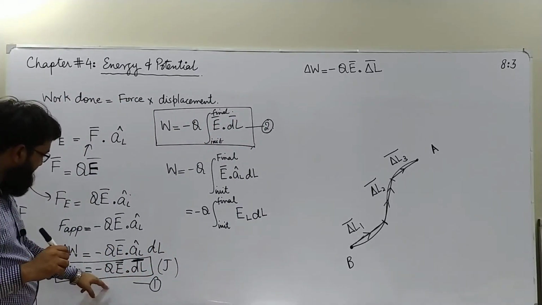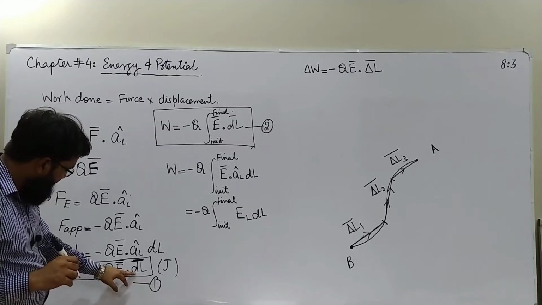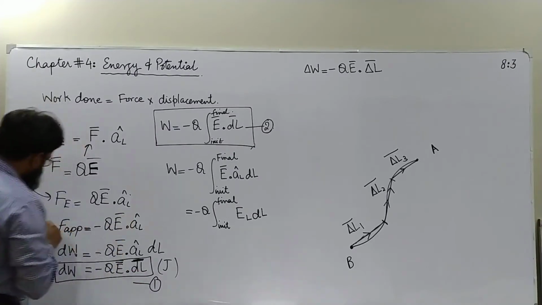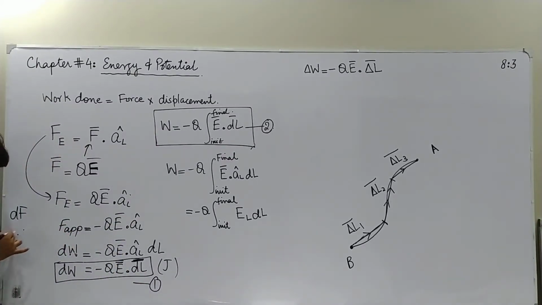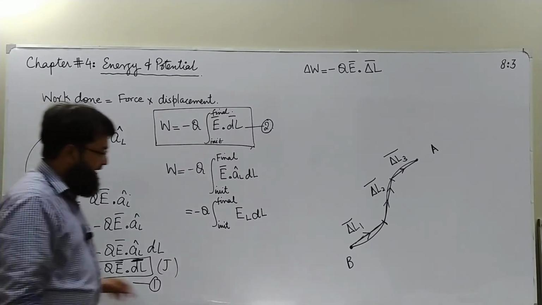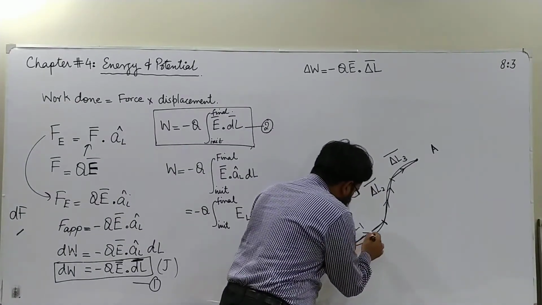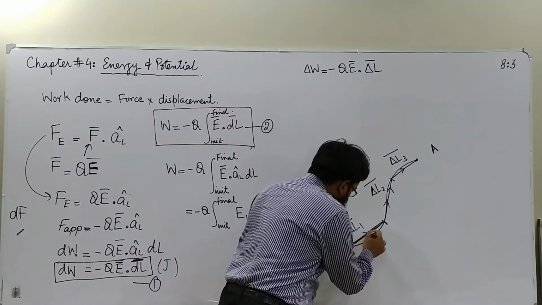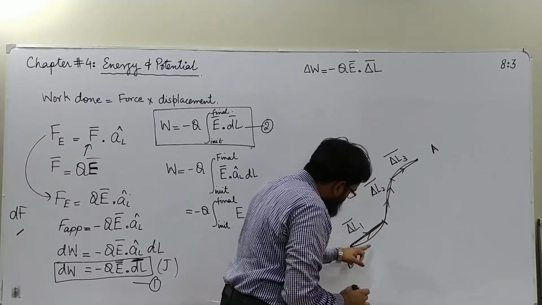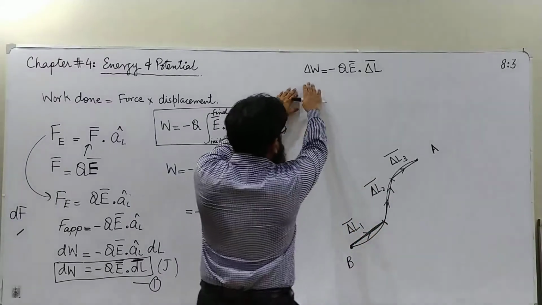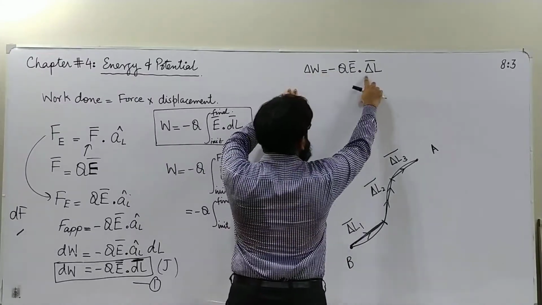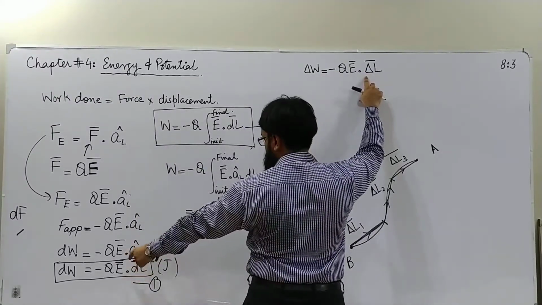Why? Because in differential length it is assumed that you have moved from one point to the point which is next to it, so it is implicit that this length is a straight line. But here we can see that although we are taking this to be a straight line, actually the curve is like this. So this will only be equal to this if this delta L is very small, approaching differential length.